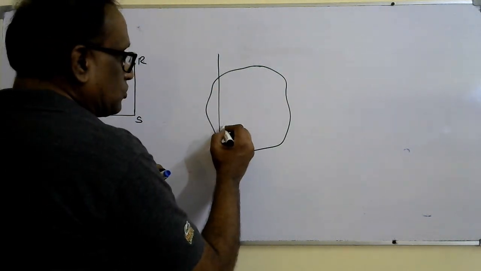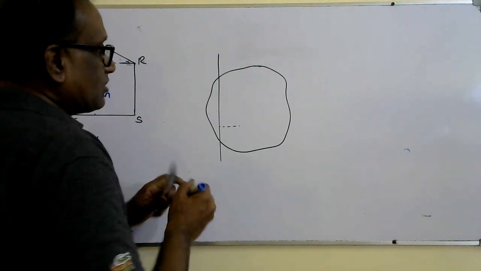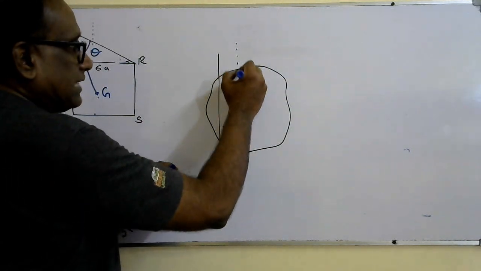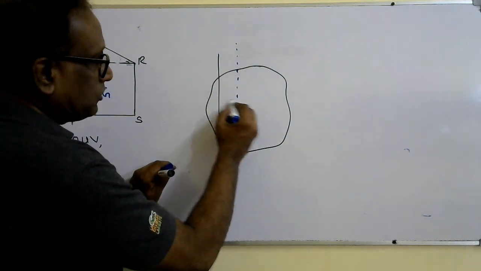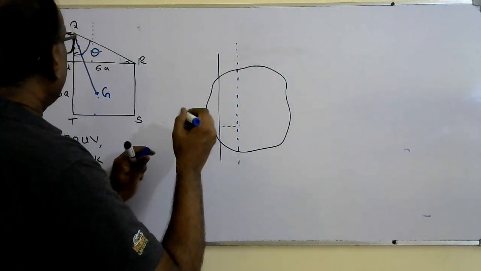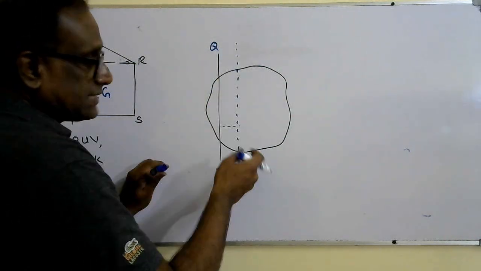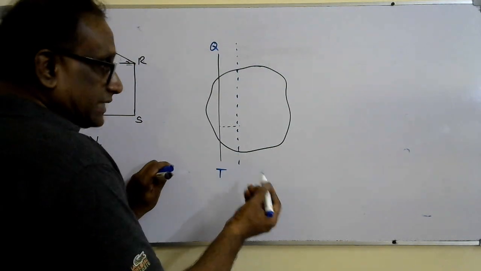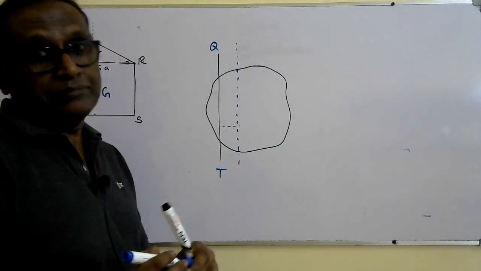Means if I draw a 2 centimeter line from this vertical straight line, the center of mass will be somewhere along this line. So the whole blue line is at 2 centimeters from this line, which I can call QT. Means the center of mass will be somewhere on this line, but I still don't know the exact point.